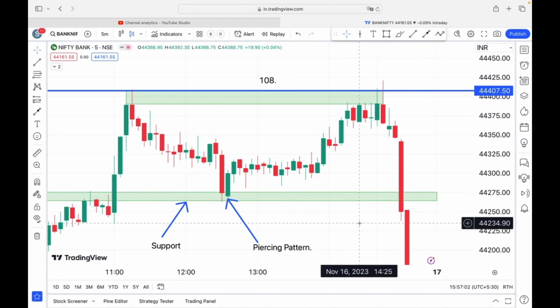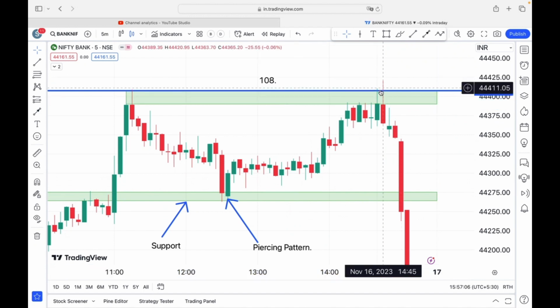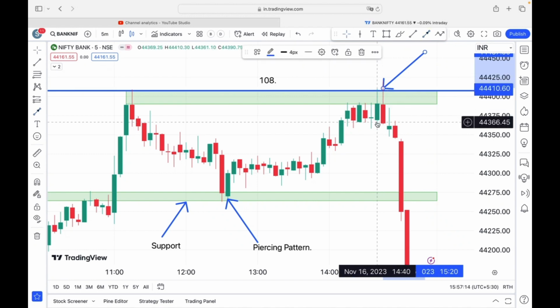Now I'm taking this for our visual comfort, and I would extend that. Here what has happened is, immediately after exiting at 240, you have immediately seen another rejection from there, which in turn is forming a bearish engulfing pattern, which is a bearish sign.